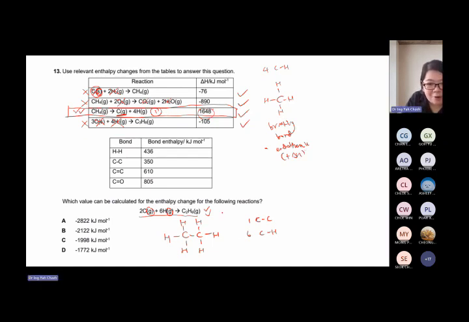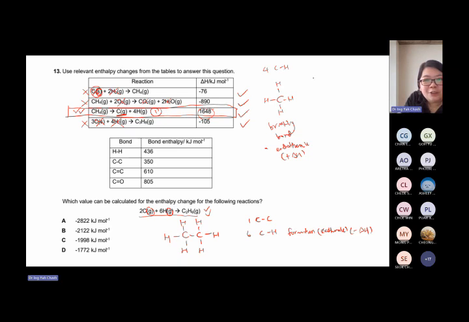But here in our reaction, we want to form 6 CH bonds. Formation of bond is exothermic. So I find the bond energy of CH bonds, then I change the sign, it becomes exothermic.